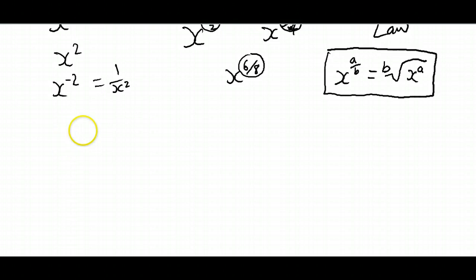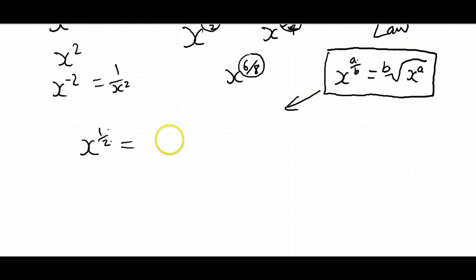Okay, a simple example of a fractional index that we can work with to begin with is x to the power of 1/2. Now, in this case, the a bit on top, that's the 1, and the b on the bottom of the fraction, that's the 2. So let's translate that according to our index law.